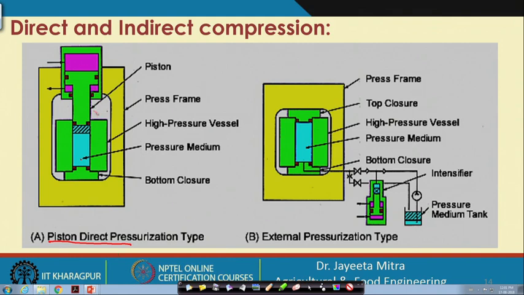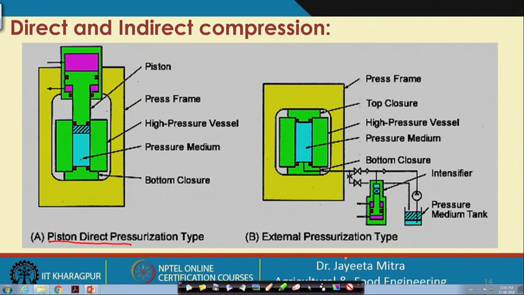In lab scale, developing this kind of system is a bit tough because of the problem of sealing the piston head and the chamber. Therefore, it is not much used for food processing in lab scale equipment.